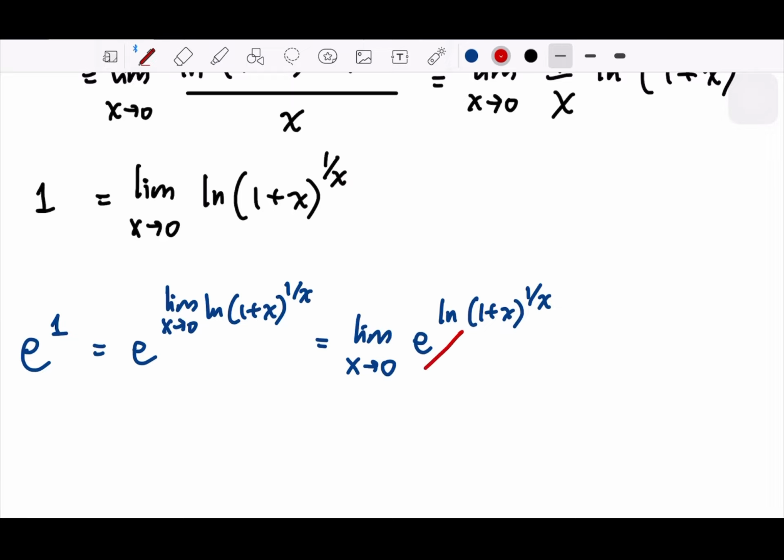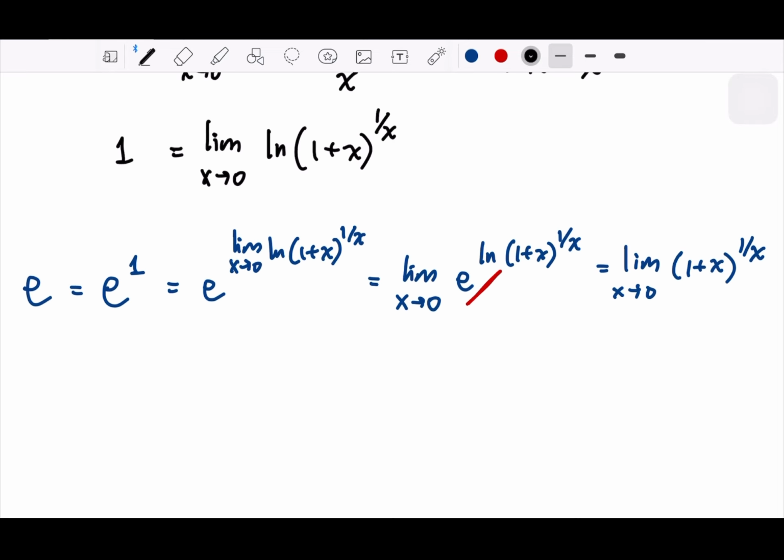And since e to the power of ln cancels, this results in the limit, which by definition is e. So e is defined as the limit as x approaching 0 of (1 plus x) to the power 1 over x.